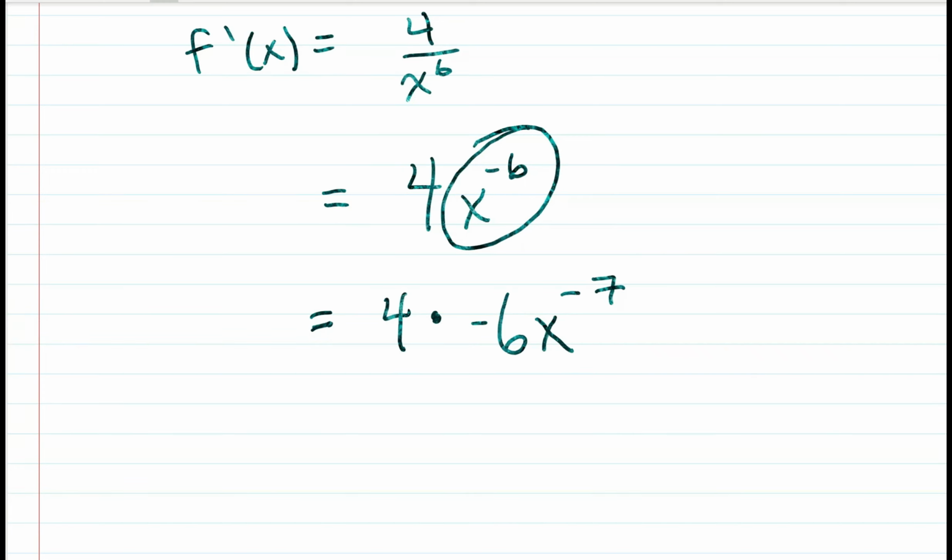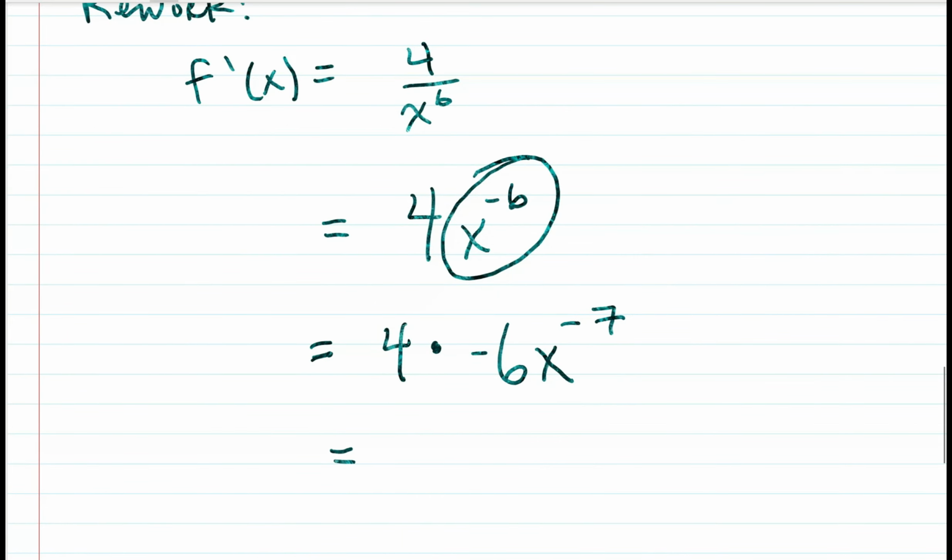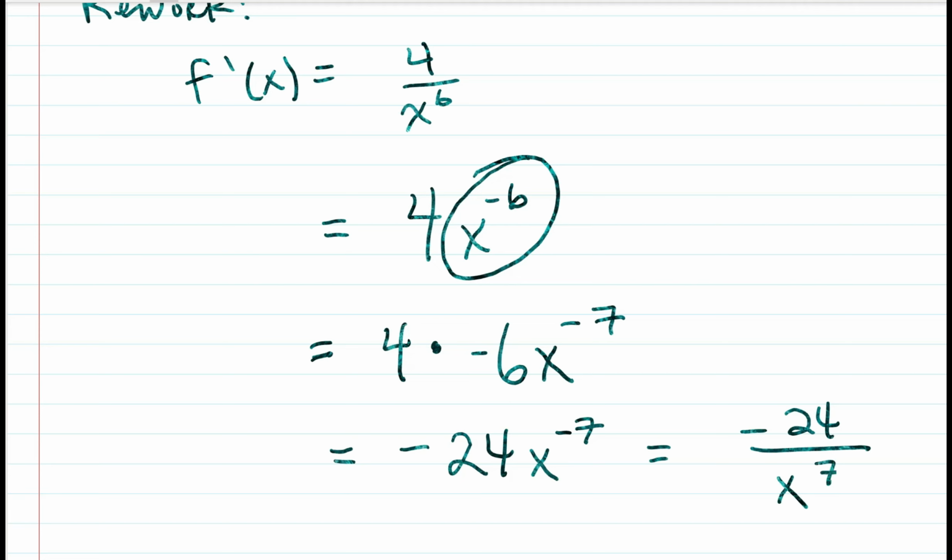And then now you can go ahead and multiply that 4 times the negative 6, which is negative 24, and then you have x to the negative 7. But remember, we don't want negative exponents, so we'll still make it negative 24 over x to the 7th, which comes to the denominator. So we get the same answer as we did above when we used the quotient rule, but here we moved the x to the 6th up next to the 4, and we were able to use other more basic rules for differentiation.